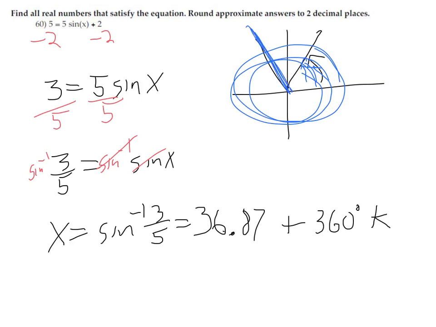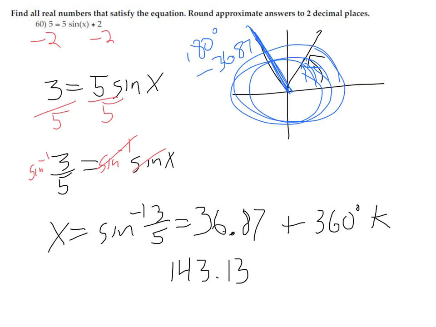Now that is going to be 180 minus 36.87. Doing that on our calculator, we get 143.13. So we also have 143.13, and we need all real solutions.